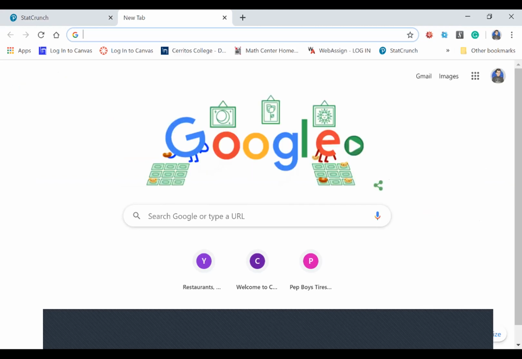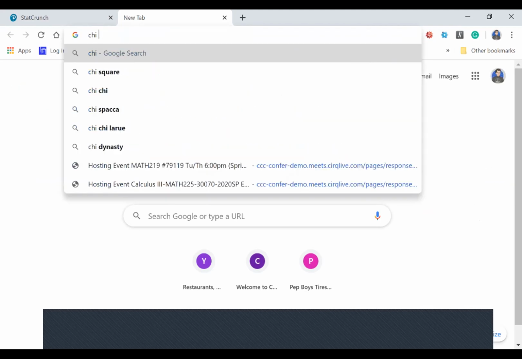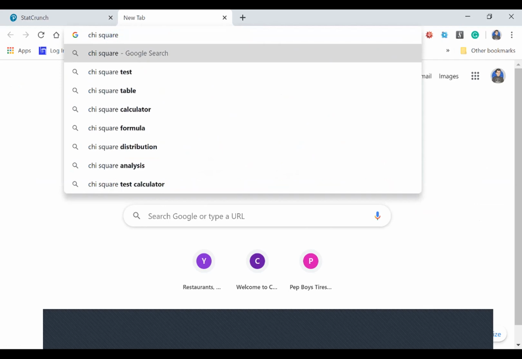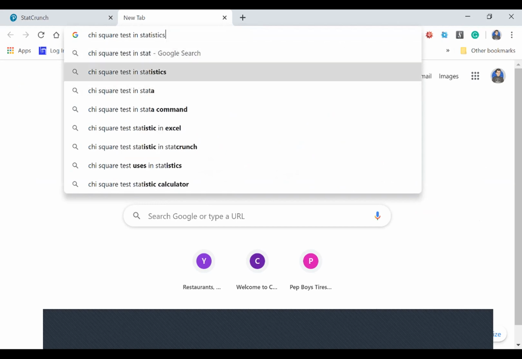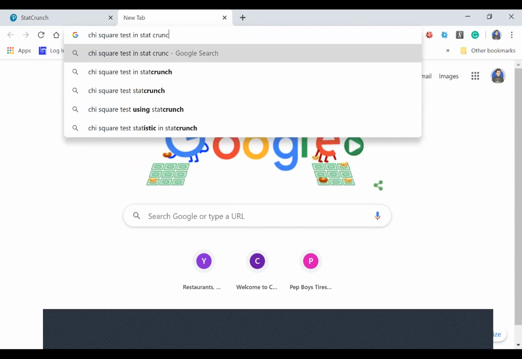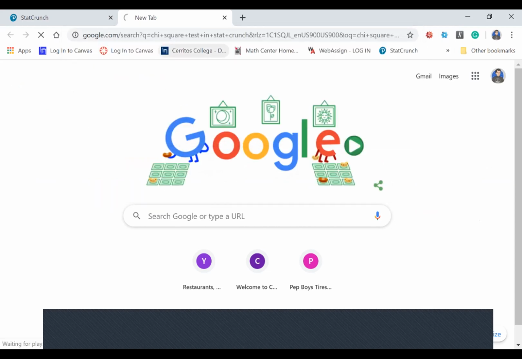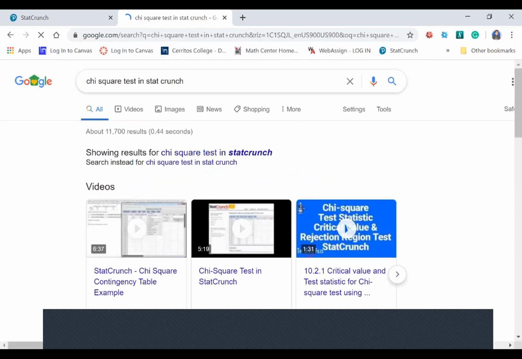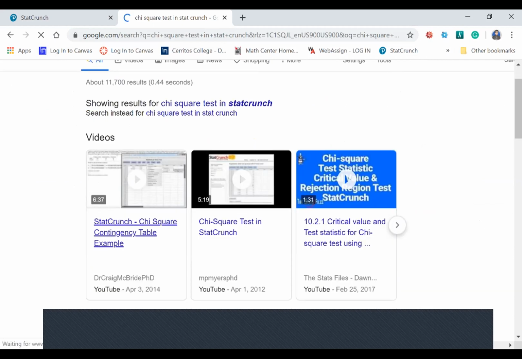What's a chi-square test in StatCrunch? Okay, chi-square, StatCrunch, chi-square contingency table.